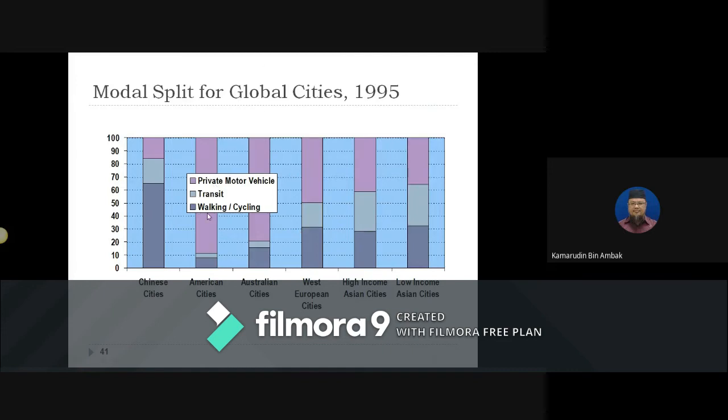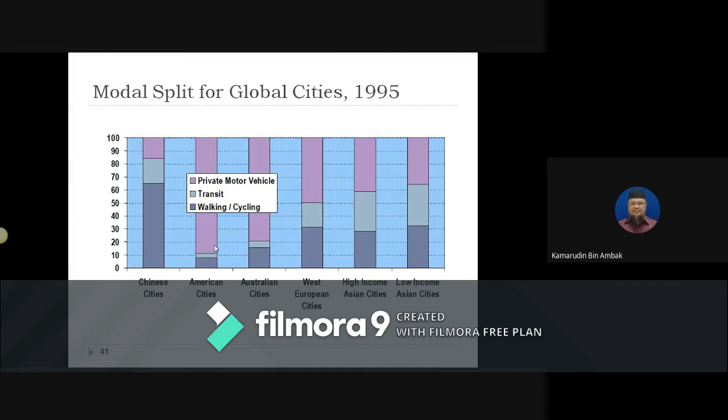If you're looking at China, they have a lot of cycling and walking activities compared to motor vehicles or other modes of transport. But if you're looking at America or the USA, okay, they own a lot of private vehicles.